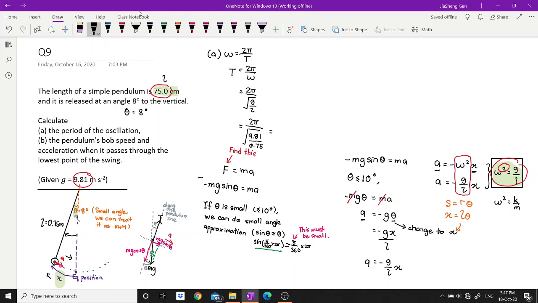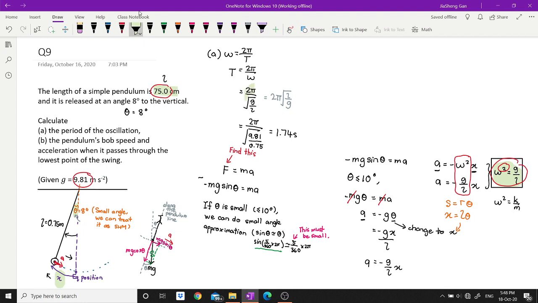After using your calculator, the answer you get will be 1.74 seconds. If you are very familiar with the formula sheet, the formula you are using will probably look something like this: 2 pi square root of L over g.